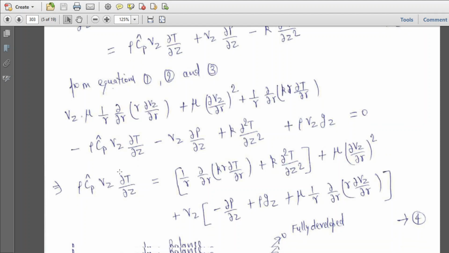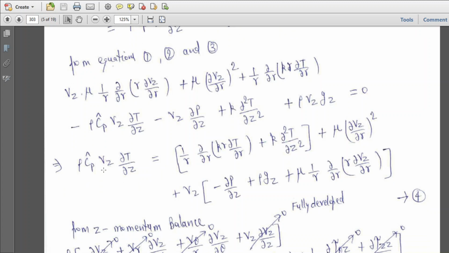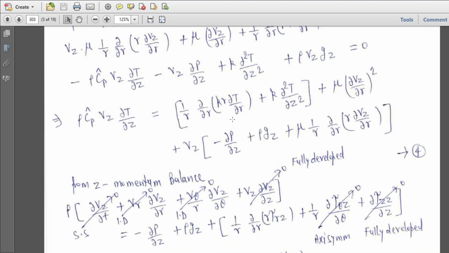Now from here you can calculate the expression for rho Cp cap Bz del P upon del Z equal to this: 1 upon R del upon del R Kr del T upon del R plus k del square T upon del Z square plus mu del Vz upon del R square plus Vz times minus del P upon del Z plus rho gz plus mu 1 upon R del upon del R del Vz upon del R. This equation we can also get from the energy transport equations given in the appendix.